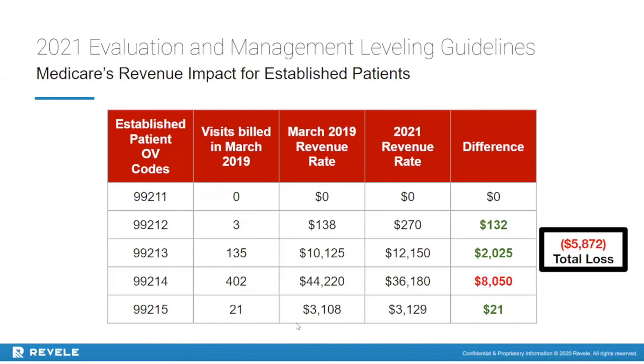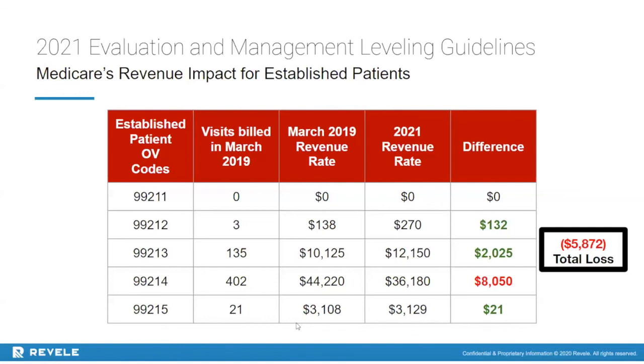If there were 402 claims for 99214, the rate for 2019 would be $44,220. The proposed rate for 2021 would be $36,180, with a difference of $8,050 being a loss.